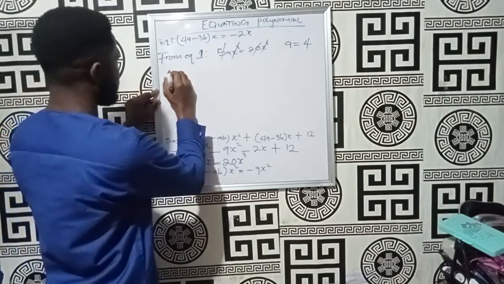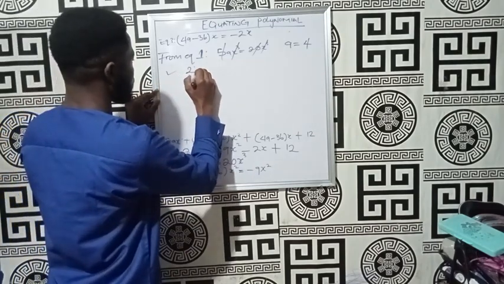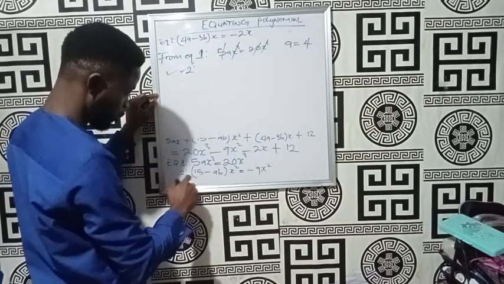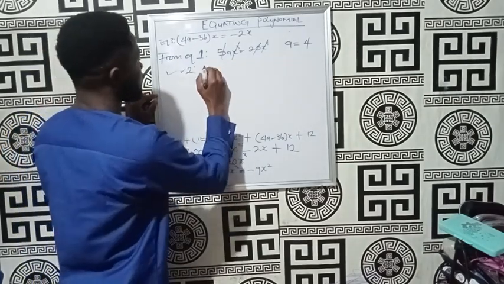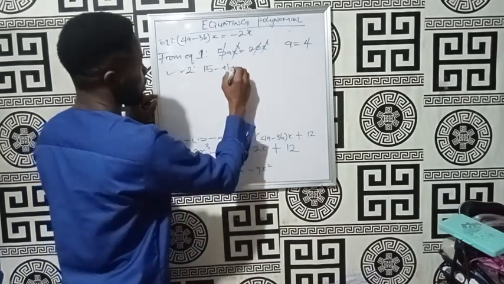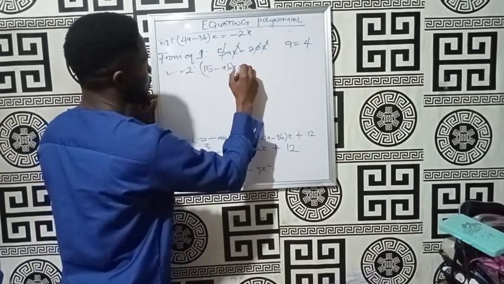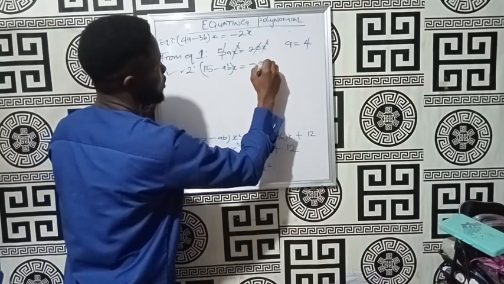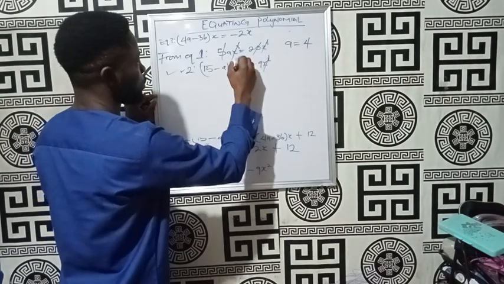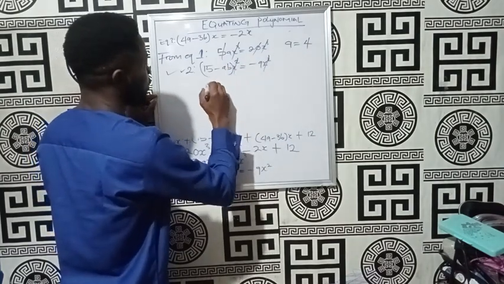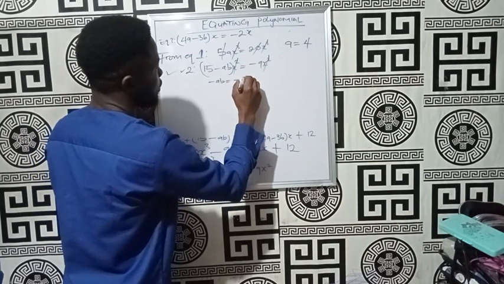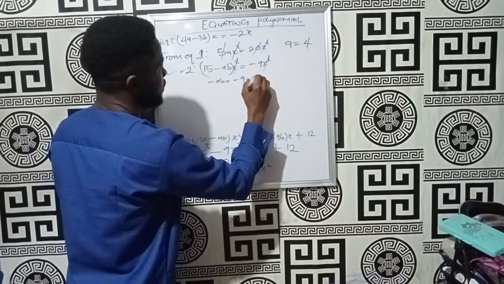From equation 2 we have 15 minus ab x equal to minus 9x squared. I think it is x squared. So we know this will go with this. So we have minus ab is equal to minus 9 minus 15.